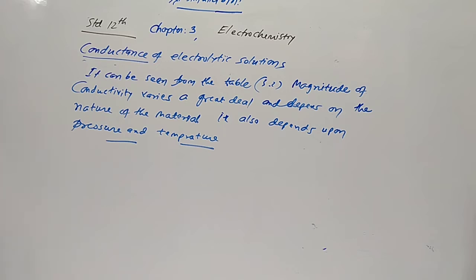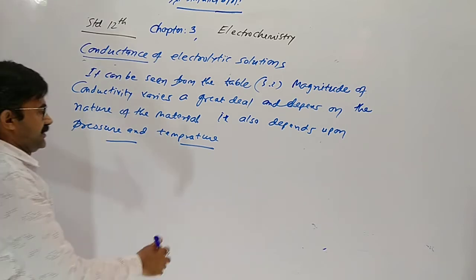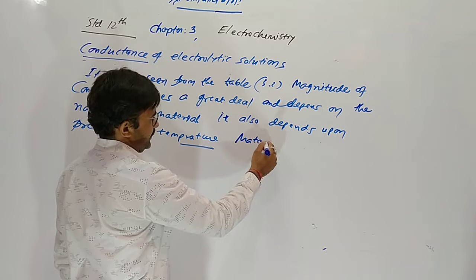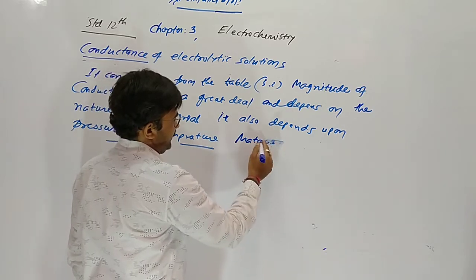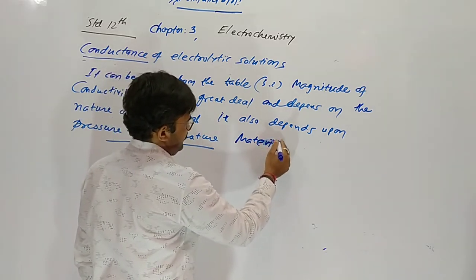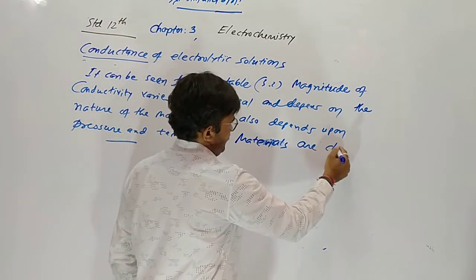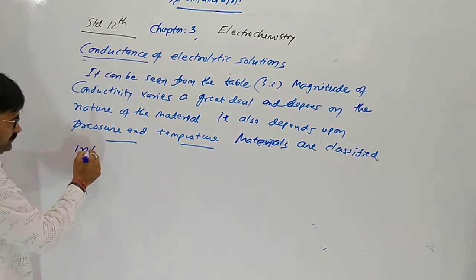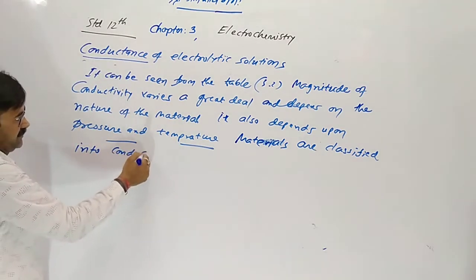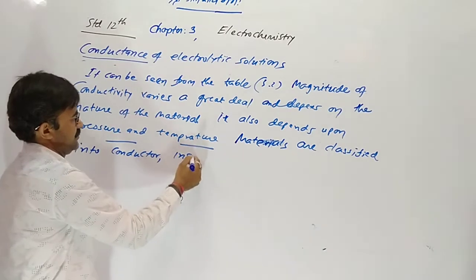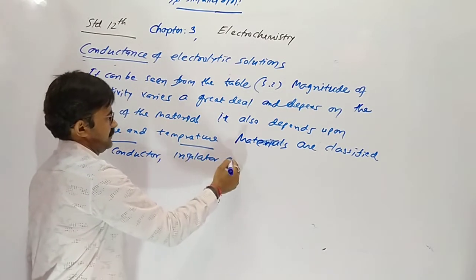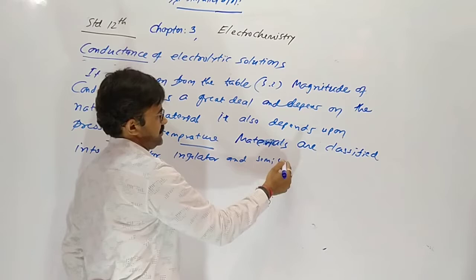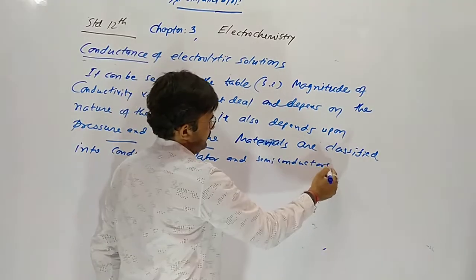Which measurement are made? Materials are classified into conductor, insulator and semiconductors.